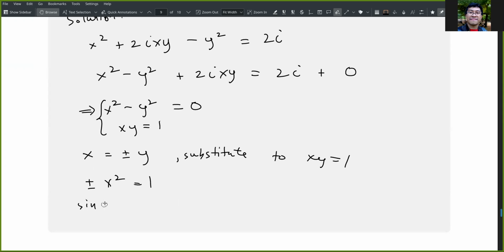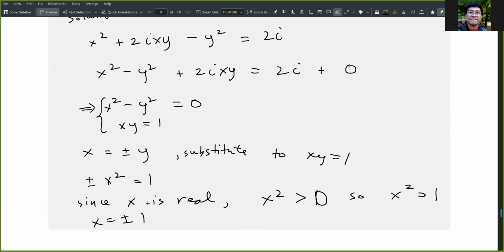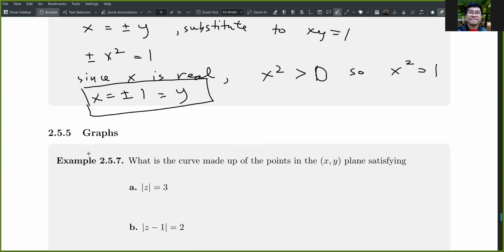Now since x is real, then x squared should be greater than 0, not 1. So x squared should be equal to 1, which means that x is equal to plus and minus 1, telling us that not only is plus or minus 1 the value of x, that is also our value of y.